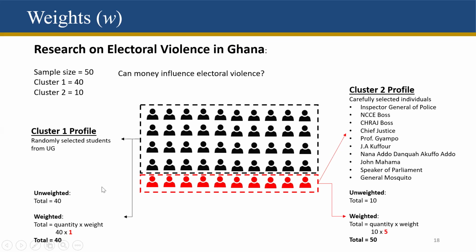And anybody reading this report will know, oh, if 40 people said this, then it means that is the case. But if we weight them, even though the people we selected over here were just 10, based on their weight, their value at the end of the day is becoming more relevant than what we have over here. Now, it turns out that what we have over here, the quantity multiplied by the weight, is nothing different from the formula we saw with the product summation of our xi multiplying our wi.